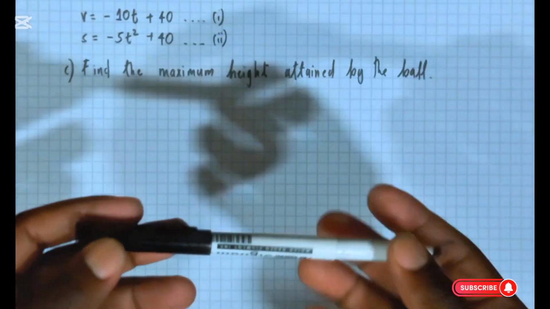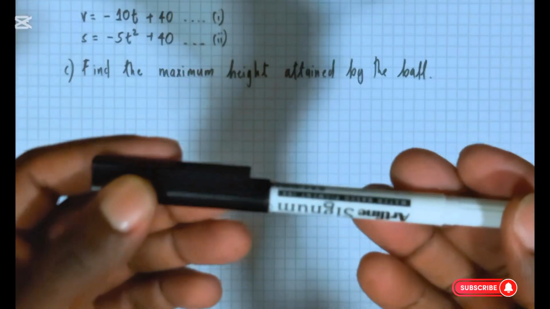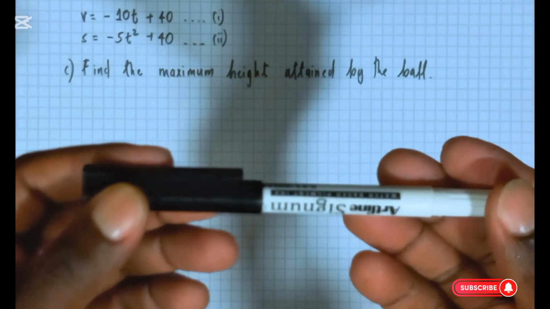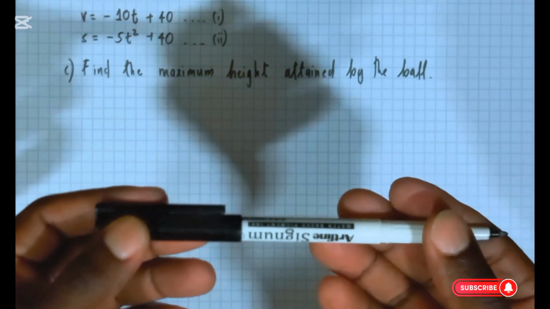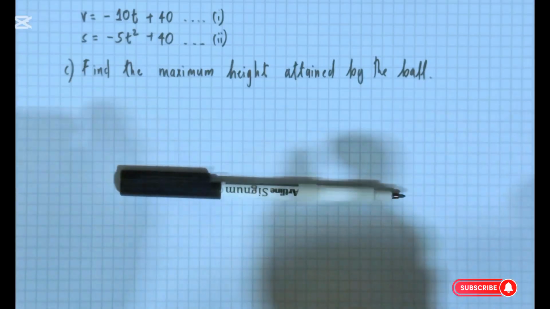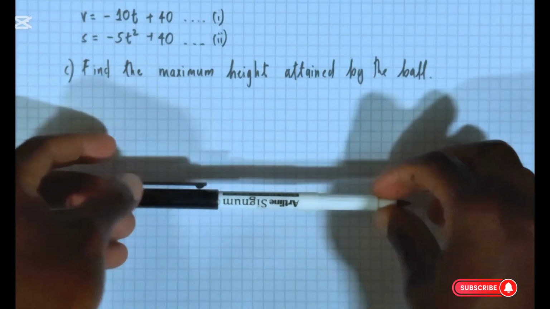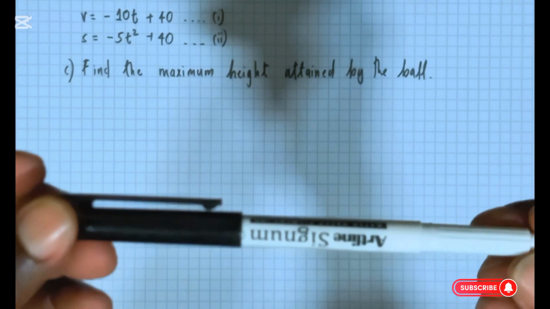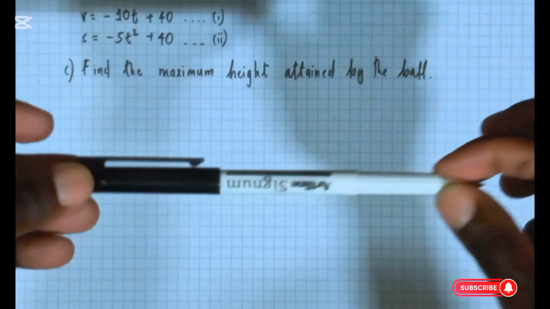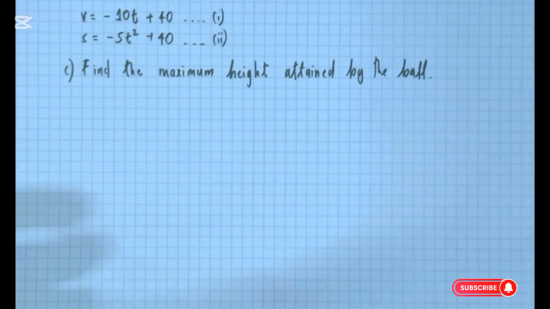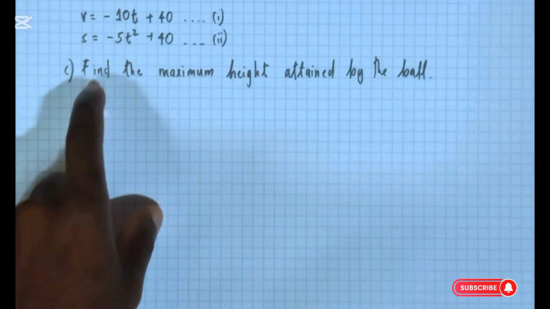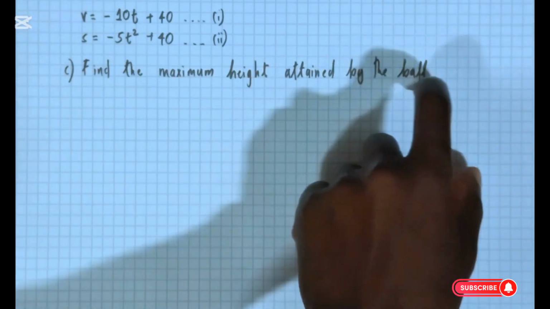That is why we are moving from 40 going to 0, and now we start counting with negative, -1, -2, -3, -40. It's down, right? So the point when the ball reached the maximum height, the velocity was actually what? 0. We want to keep that in mind as we try to find the maximum height attained by the ball.